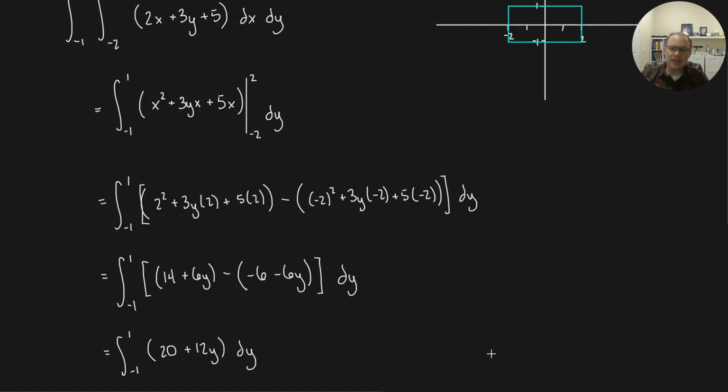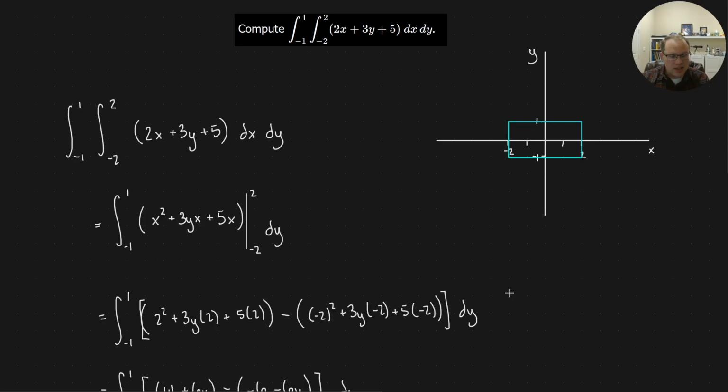Okay, so what is it that we've just done with this inner limit of integration? Well, for every fixed y, we've integrated x. So I'm holding y fixed, maybe it's this y, whatever that y is, and I add up all the x's.